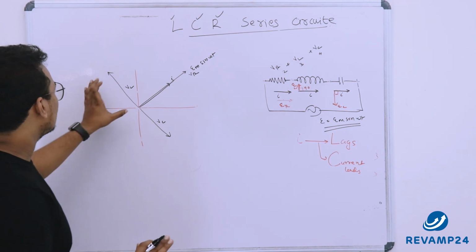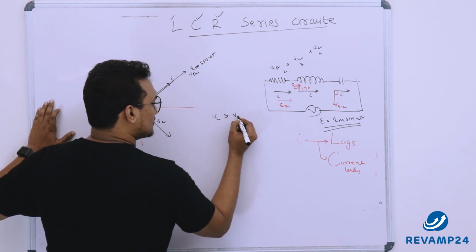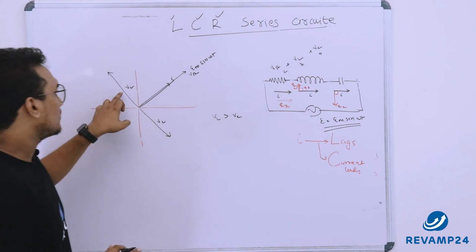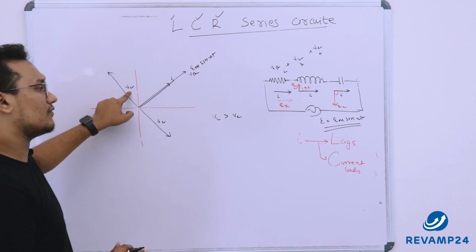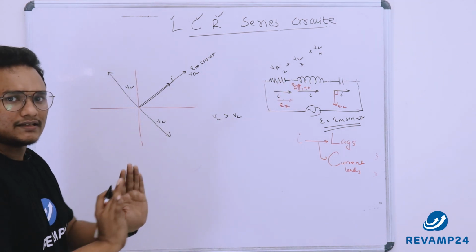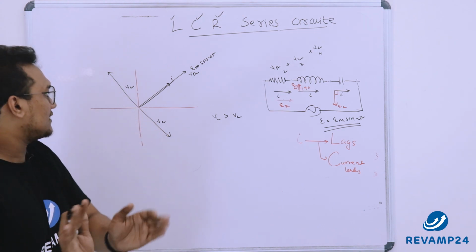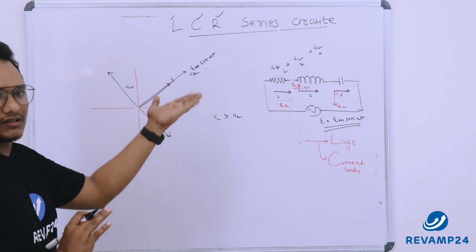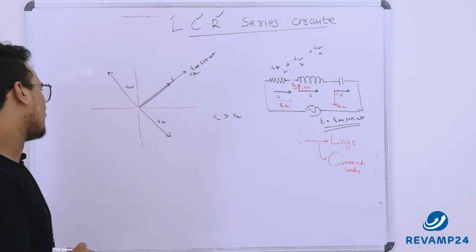Only the difference is when VL is greater than VC, this circuit will be more towards inductive nature, and when VC is greater than VL, that will have more capacitive nature. That is the only difference. Either you learn as given in NCERT where VC is greater than VL, or as per my equation, both are the same. Now in the picture VL is greater than VC, so I am going to consider it in this way.